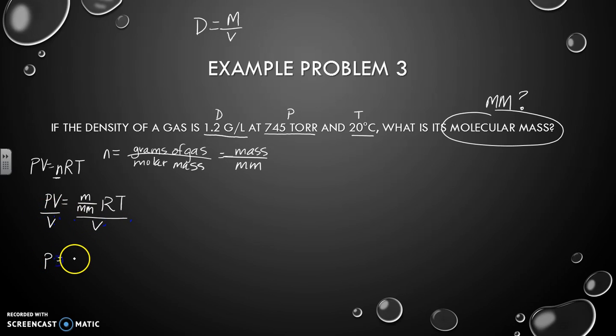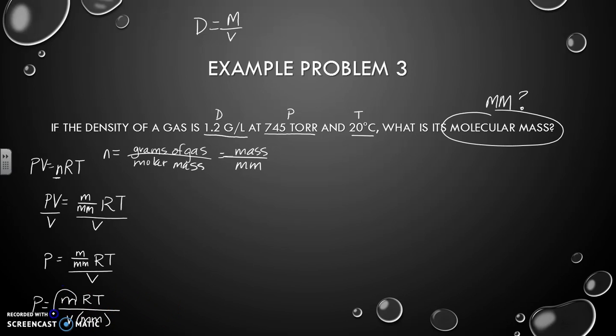That leaves me with P is equal to mass over molar mass times RT divided by V. And you're like, Ms. Rick, it still doesn't make any sense. Well, let's make sure that these denominators come together. So P is equal to M RT, mass times R times temperature, over the volume times the molar mass.